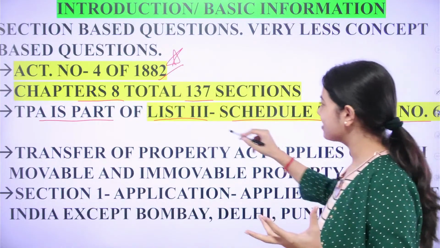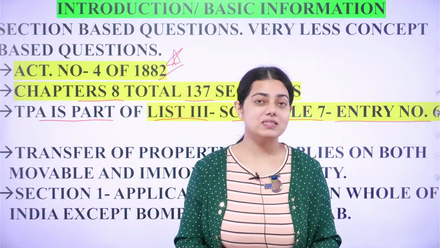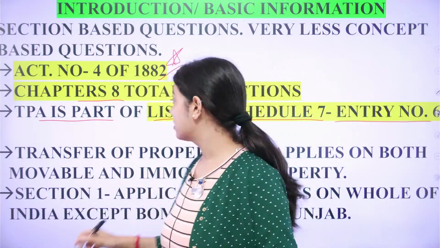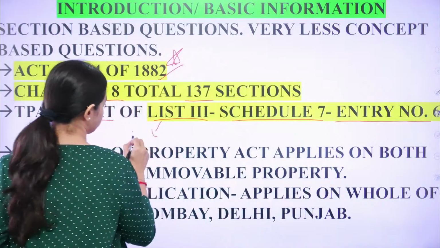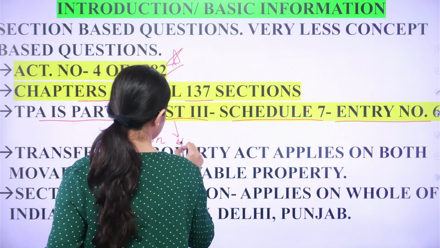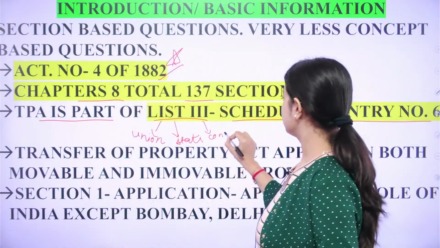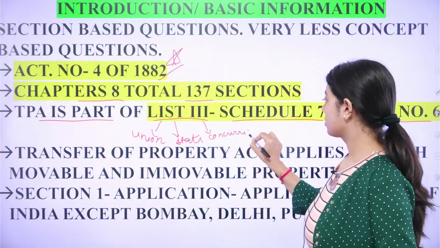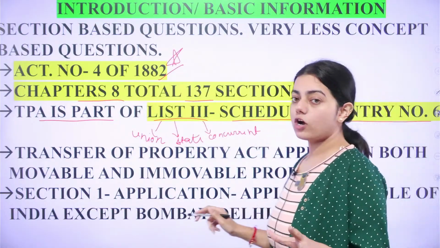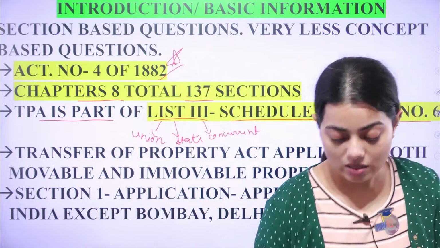Now what is this List 3 and Schedule 7? Schedule 7 basically talks about our 3 lists. Those 3 lists are union, state, and concurrent. These lists talk about different kinds of subject matters on which acts can be made.